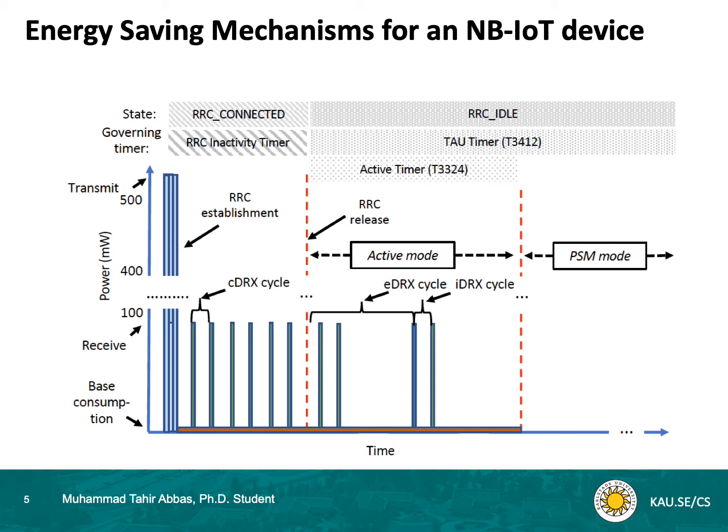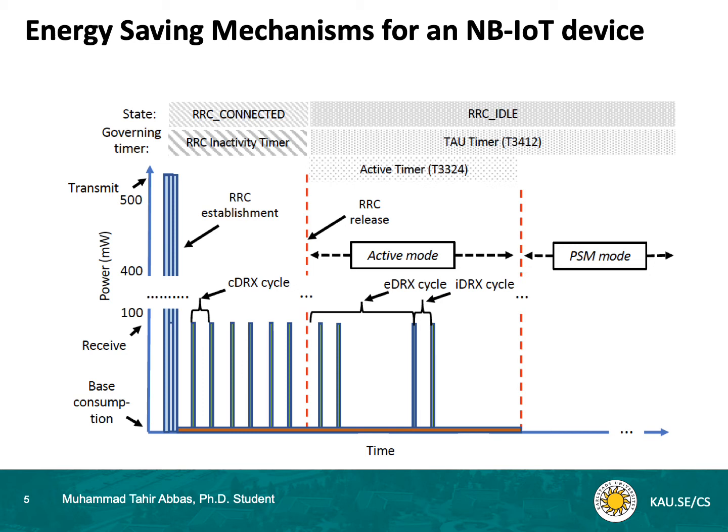The RRC protocol has two states. One is the RRC connected state at the top left corner of this figure, and the other one is the RRC idle state, which is represented on the top right corner of this figure.